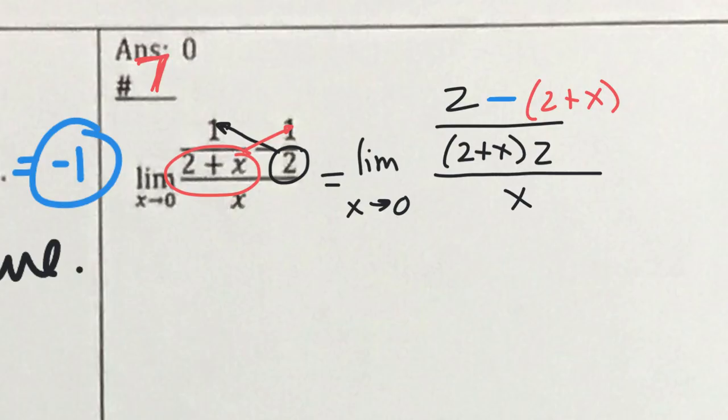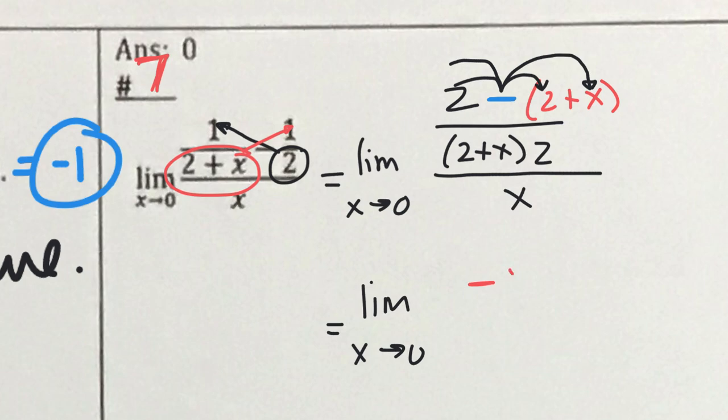Okay, so this is where I see some mistakes. So 2 minus 2 is 0, but we still have to do minus x. So our top is a negative x, divided by 2 plus x times 2.